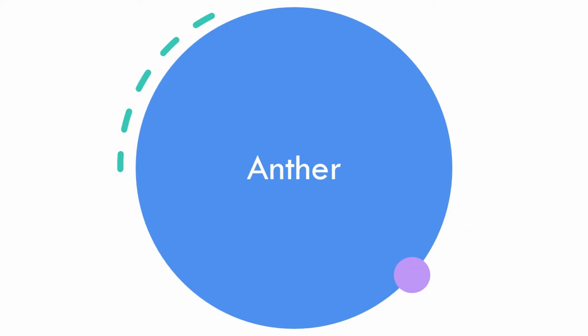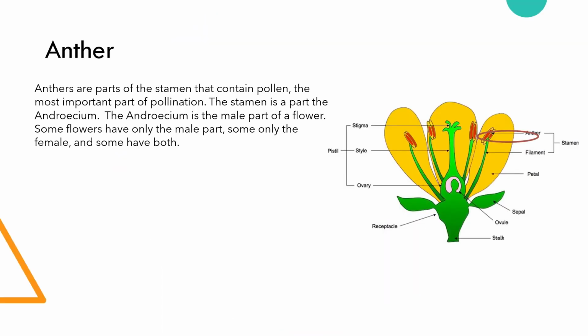So the anther. Anthers are part of the stamen that contain pollen, the most important part of pollination. I mean, you know it's important when they literally named an entire process after tiny grains.